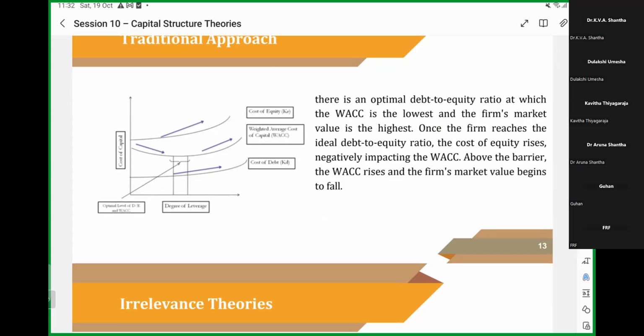There would be a part of equity capital. So in the traditional approach, it says optimum capital structure. Weighted average cost of capital would be minimum at a particular level of leverage.